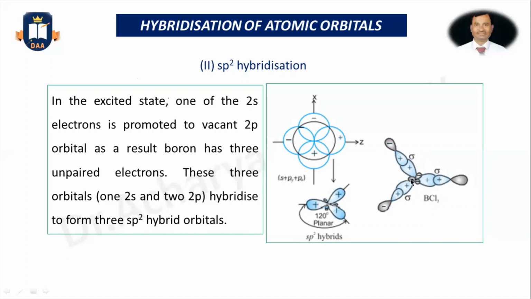You can see that the positive lobe area is much larger than the negative lobe in the case of sp2 hybridization, and this positive lobe will directly form a sigma bond with the positive lobe of the p orbital of the chlorine atom, three chlorine atoms. So the molecule formed is BCl3.